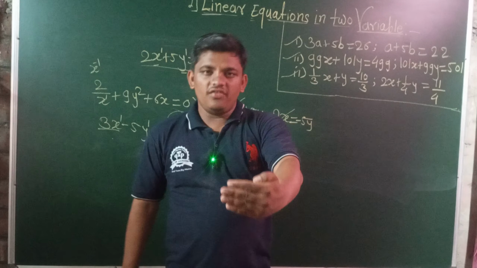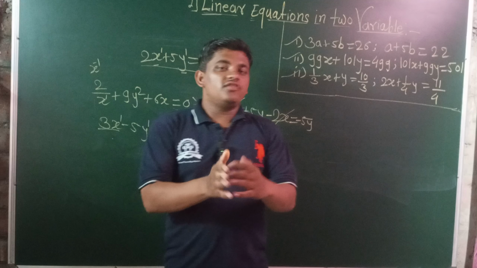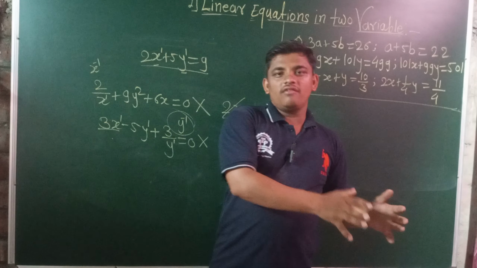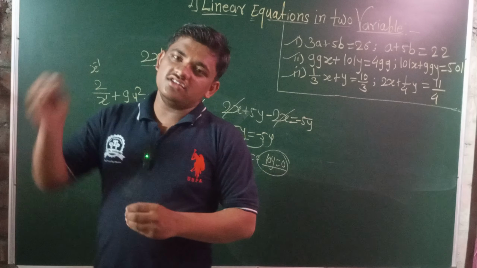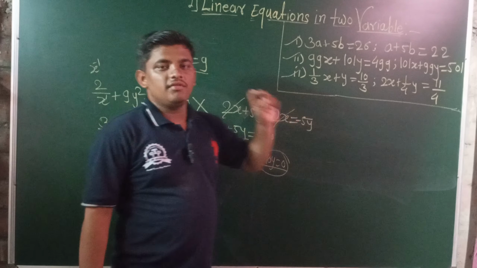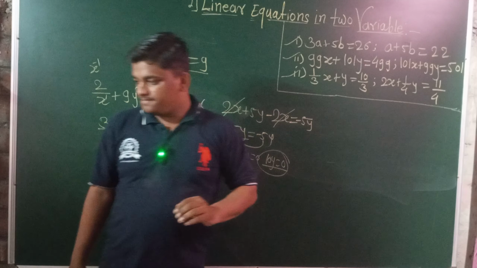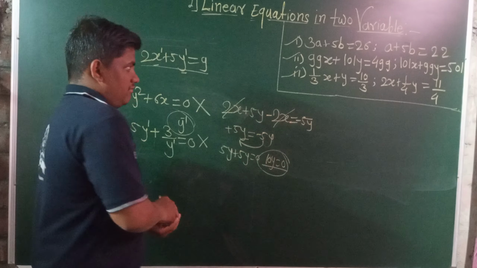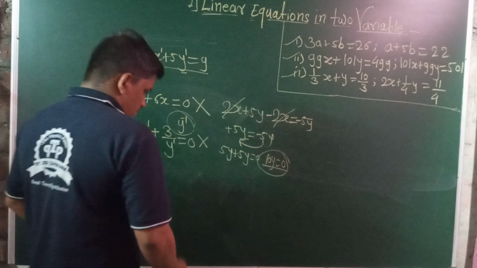If the given equations are not linear, firstly convert these non-linear equations into linear equations, then find the values of the variables with the help of the substitution method. Without wasting time, let's solve these equations with the substitution method.